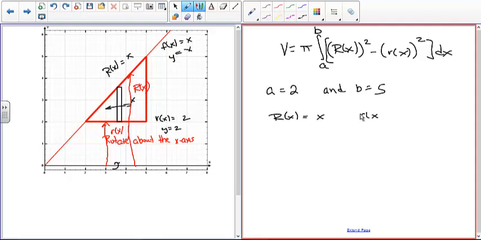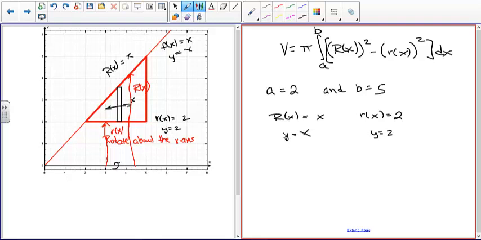And small r of x for the inside is constant. It's just equal to 2, like y equals 2. You might recognize them better in the y form, but to fit them into the formula, we just have to give them the small r, large R designation.